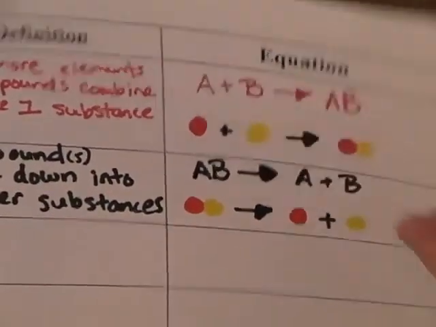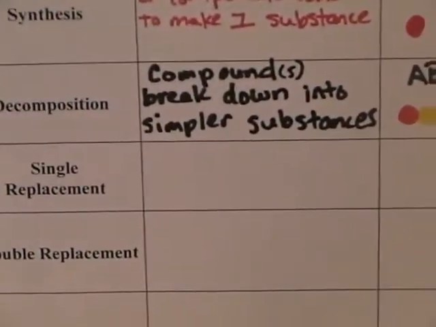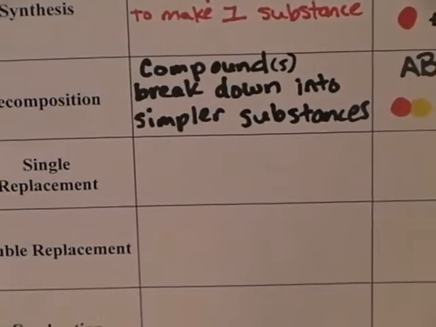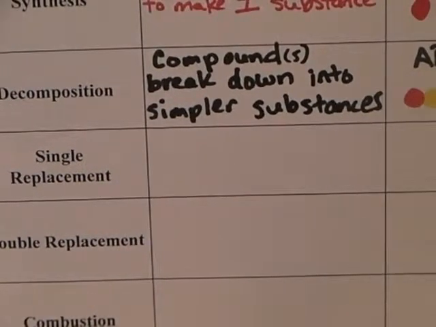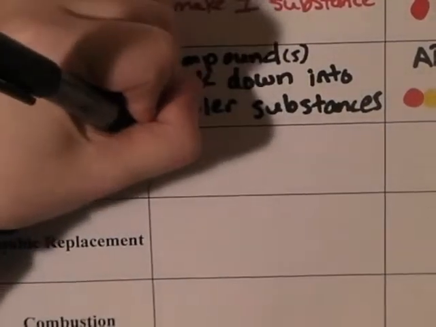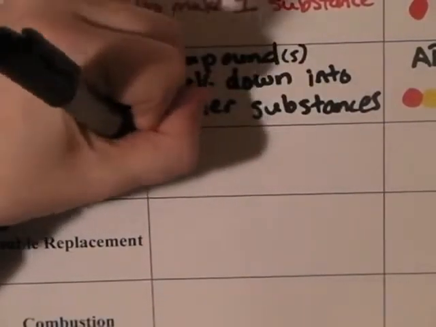So next one, just checking to see if I'm writing on my table. I'm not. Is single replacement. All right, single replacement. So here's what happens in single replacement. Let's write out the words first, and then I'm going to give you some ways to maybe better remember this.